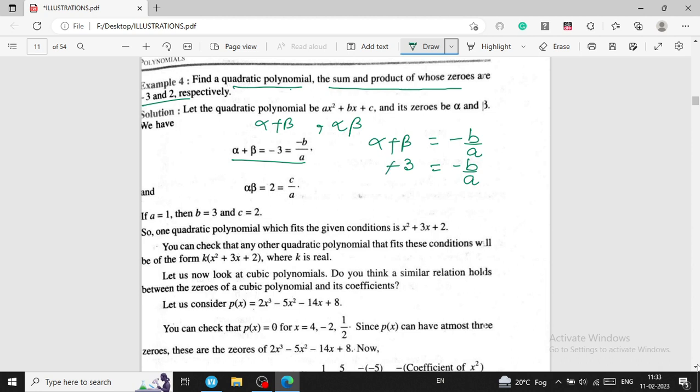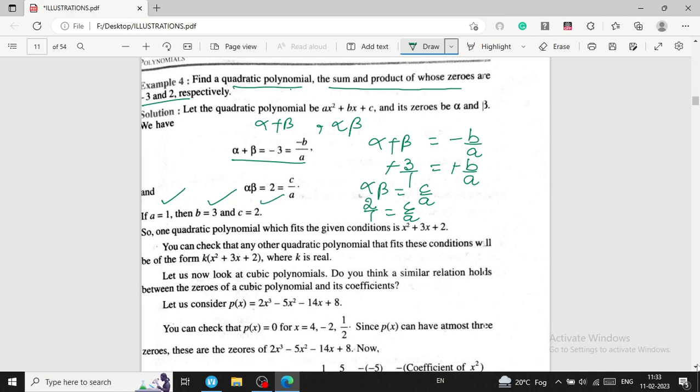That means minus cancels with minus, and b over a, a will be 1. Alpha beta is equal to c over a. Alpha beta is given as 2, so 2 over 1. So you can find a's value 1, b's value 3, and c's value 2.